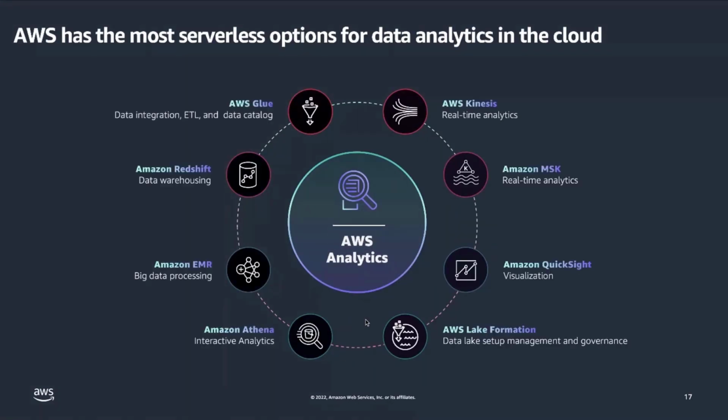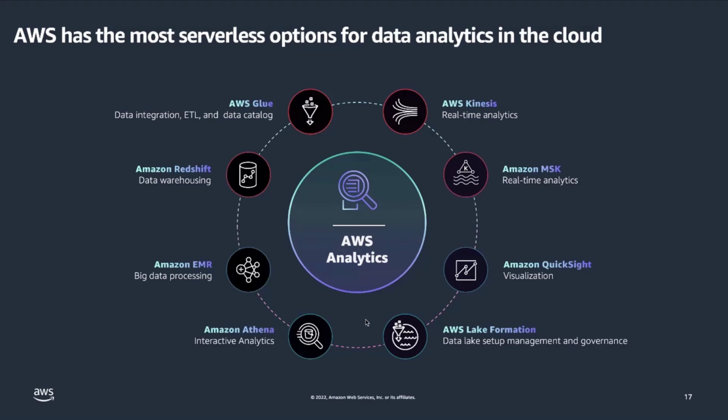And AWS also has the most serverless options that you could ever have in the cloud. It brings all the analytical capabilities closer into a managed service and serverless option, where services like Glue and EMR can give you big data processing at scale, where you want to run a large compute process without managing your infrastructure. If you want data warehousing capabilities, Amazon Redshift Serverless can help you run data warehousing at scale.